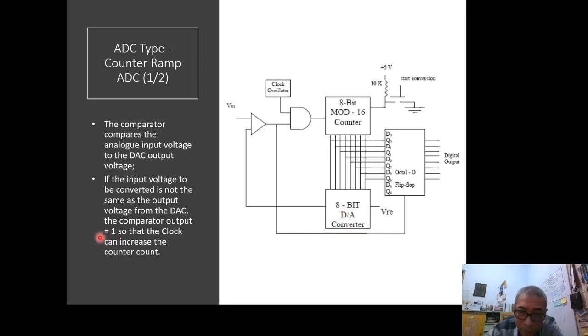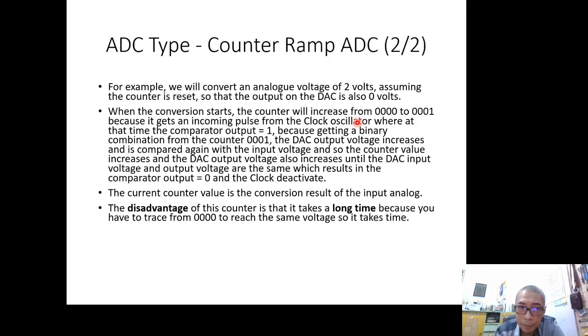The comparator output is 1, so that the clock can increase the counter count. This kind of counter ramp may be slower than the previous type of continuous ADC.